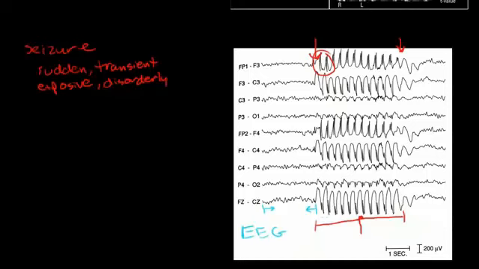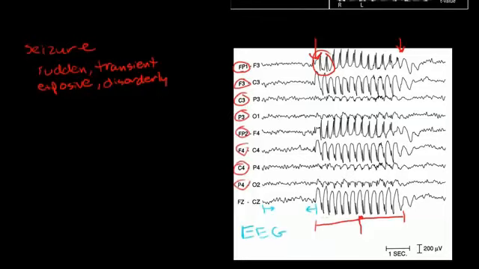All right. So the EEG makes it fairly easy to visualize. You can see this normal background waveform, and then this sudden change where the amplitude gets very, very great because of the explosive energy behind the surge. And this here is a generalized seizure because you see it in a whole bunch of electrodes.